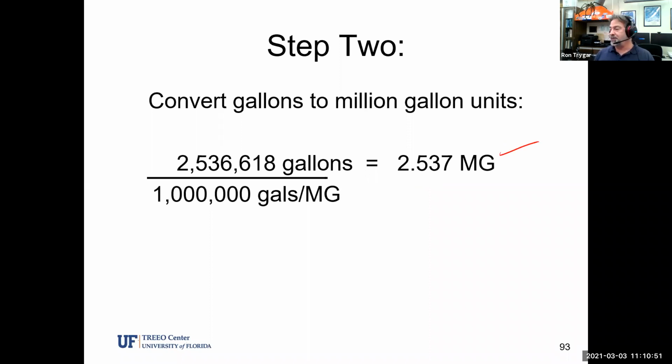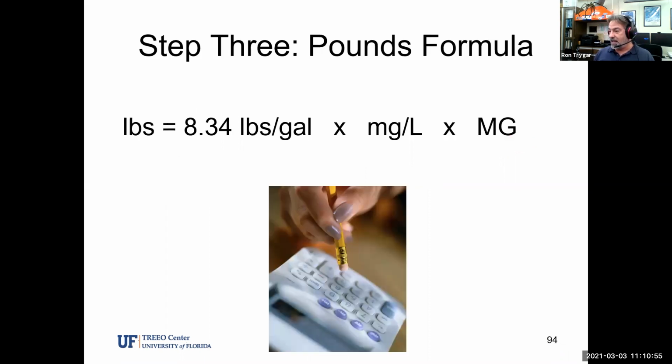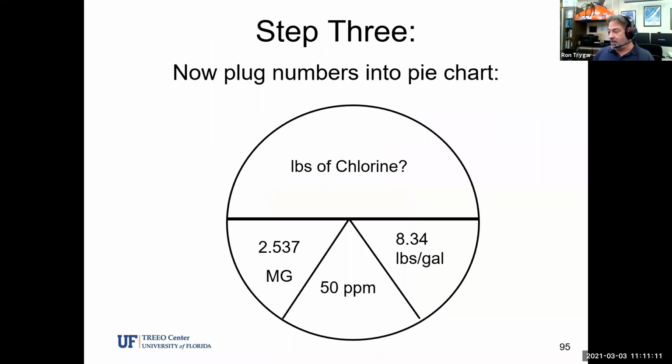So far, so good. Now we plug these numbers into the Davidson's pie chart, and we should have everything we need. So we're going to use the pounds formula now. We have the milligrams per liter. We know that was 50, and we know the million gallons is 2.537. And now we do our multiplication, and let's see how we did. We got our numbers plugged into Davidson's pie chart.